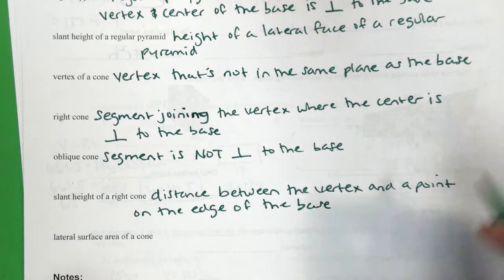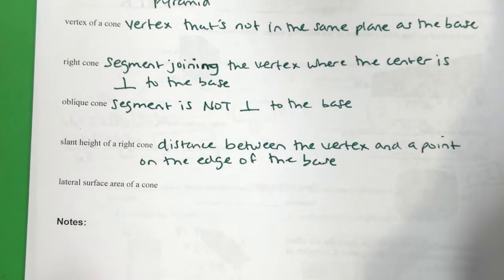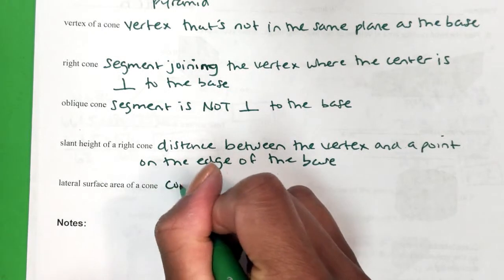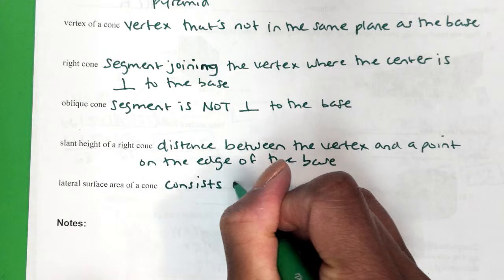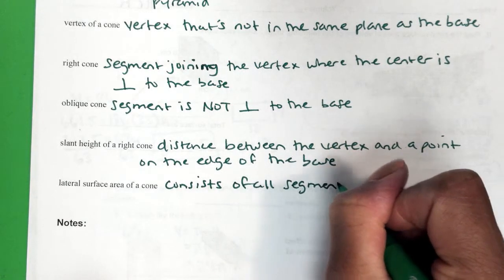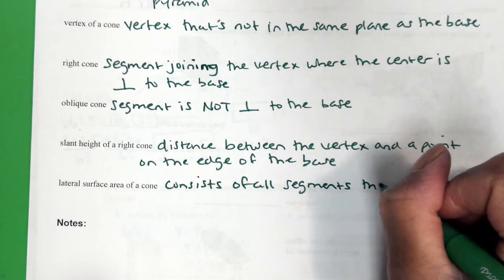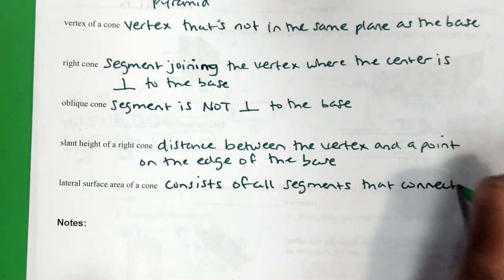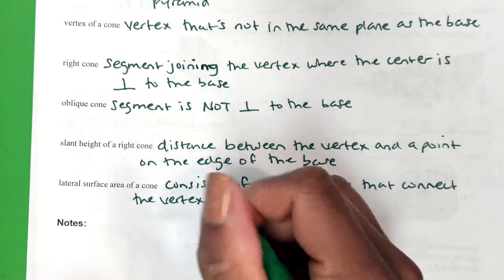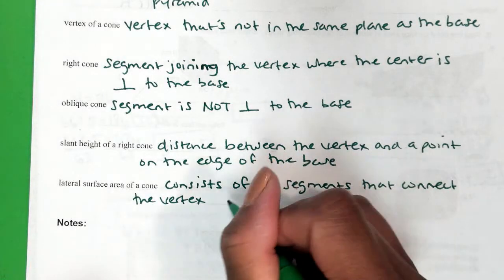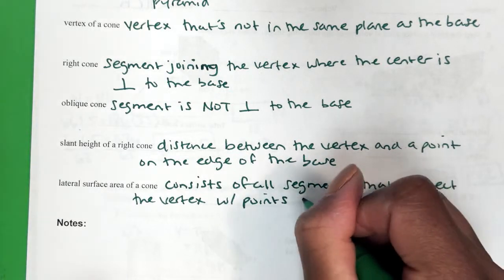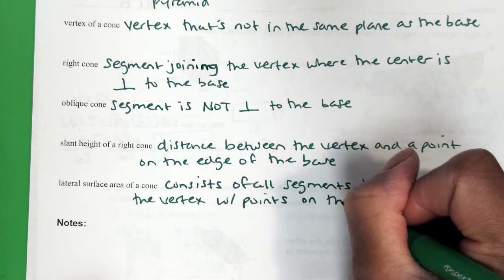And our last definition for 12.3 is the lateral surface area of a cone, and that consists of all segments that connect the vertex with points on the edge of the base.